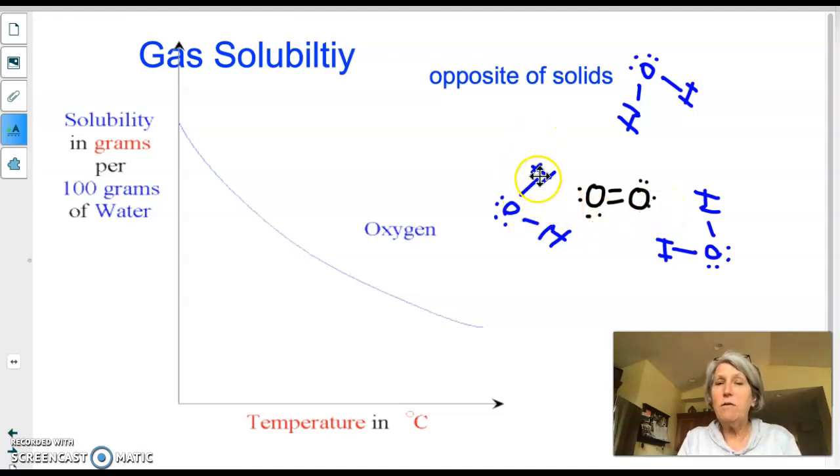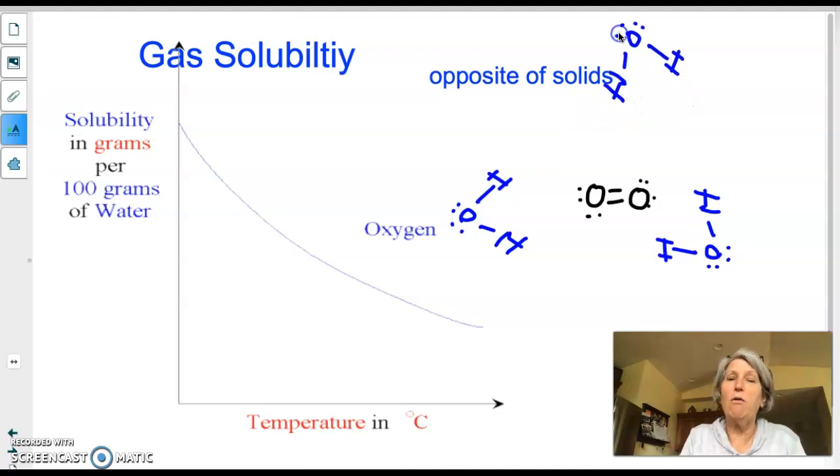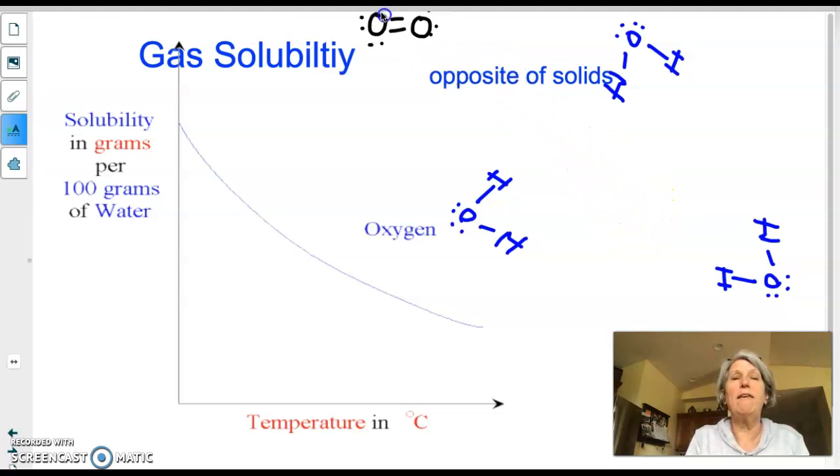As we're increasing the temperature, what we're allowing for is for this water molecule to actually expand. So these are going to spread out even further, right? Breaking this attraction between the partial positive of the water molecule and these lone pairs of electrons, and it's going to allow for the oxygen to escape, okay?